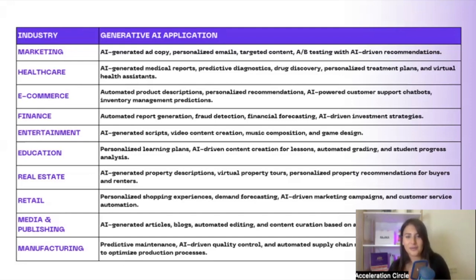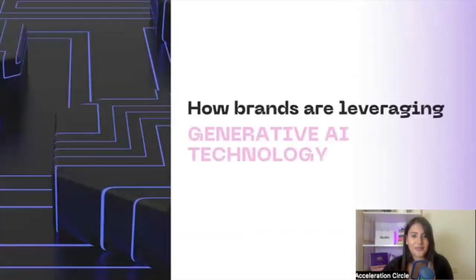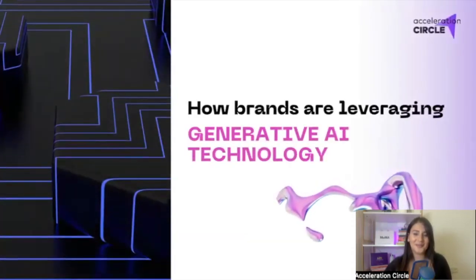For example, in healthcare, AI can give you personalized treatment plans. Of course, doctors are involved, and medical personnel is involved. Also medical reports, predictive diagnostics, which is a huge benefit for the medical field. So it's basically everywhere now, and the earlier we start to adapt it, the better it is for us as professionals, right? Because I'm sure all of us have heard the quote that AI might take our job.